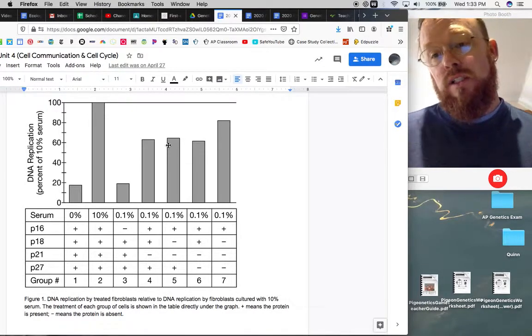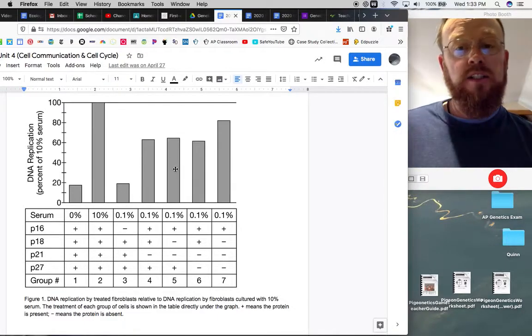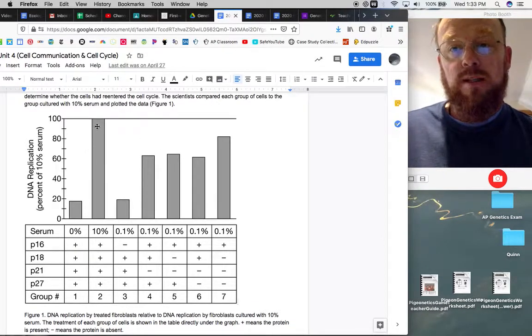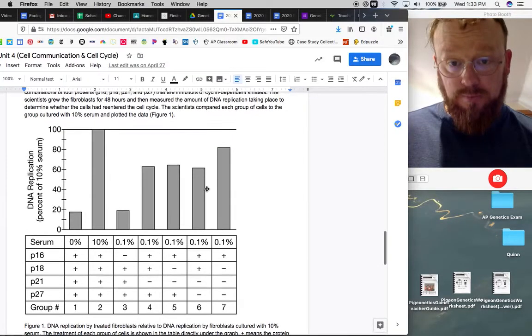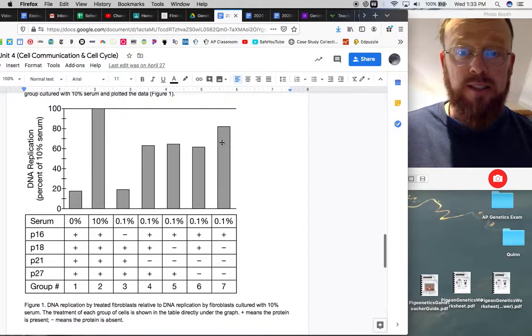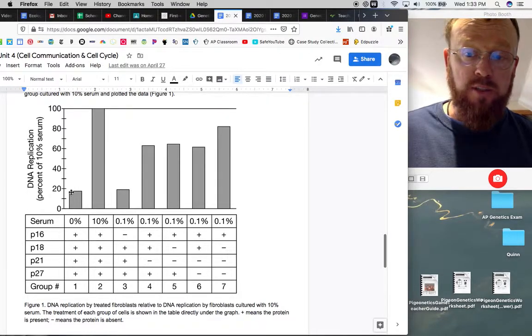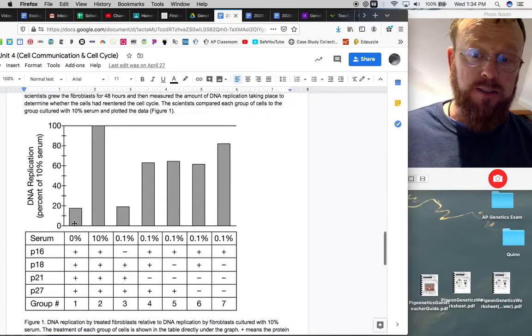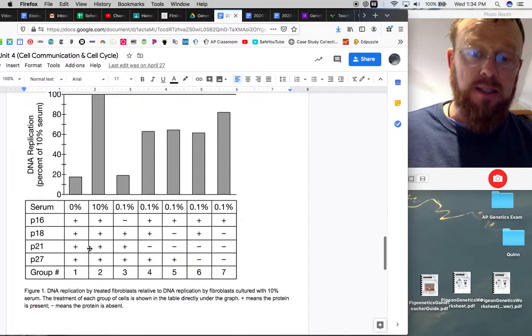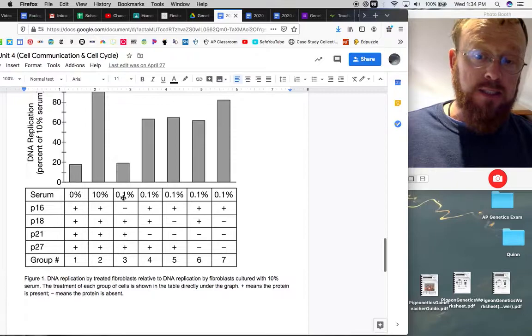We don't really know what the criteria is for what percentage of maximum rate of DNA replication indicates that a cell is undergoing mitosis, but it seems like this cell in 0% serum is still replicating DNA at, let's say, 18% of maximum, but we know that that's not undergoing mitosis because of the information given up here. So we know that group 3 clearly is not.